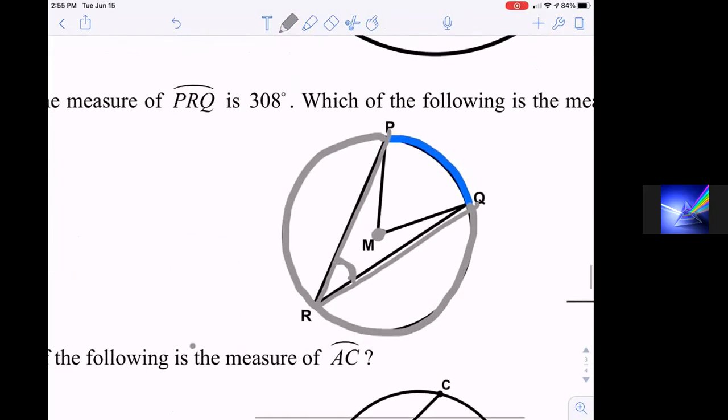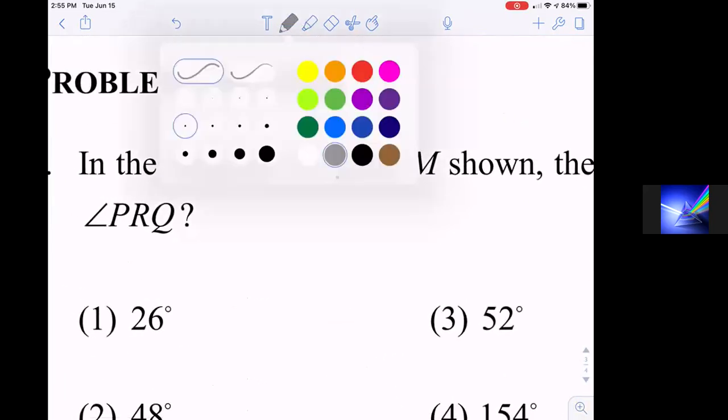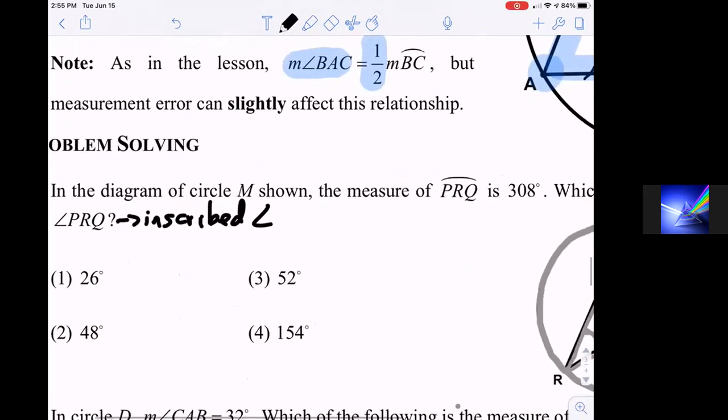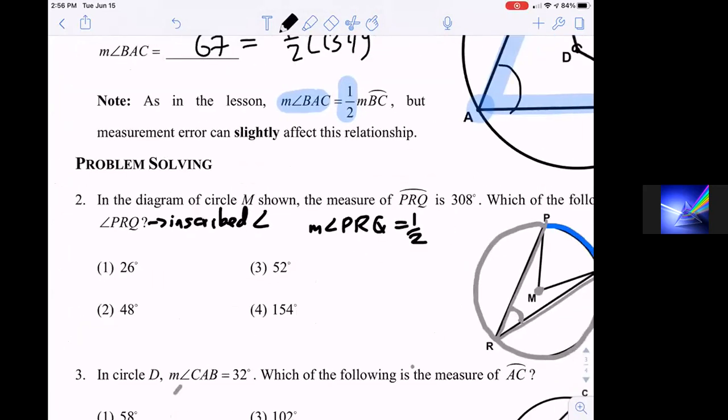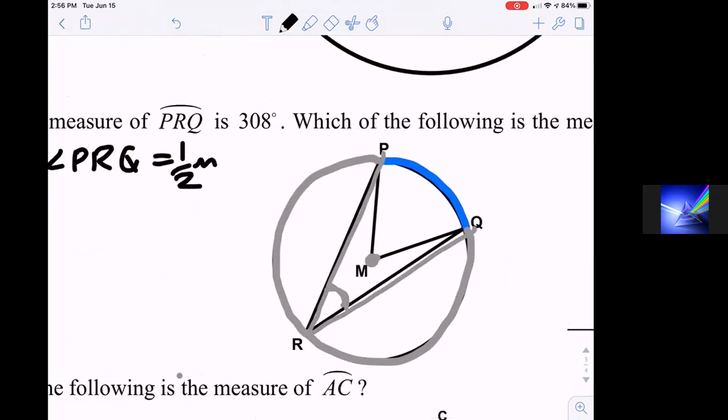That angle, PRQ, is an inscribed angle. So what do we know about inscribed angles? The measure of angle PRQ is going to be half of the measure of the arc that it intercepts. The arc that it intercepts would be the blue one, PQ.